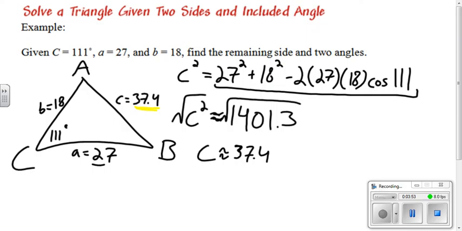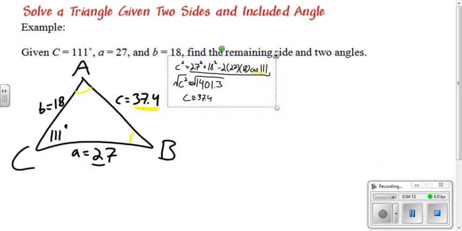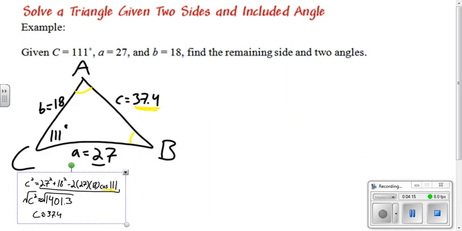Now from here, we could technically use the law of cosines to continue and have to use the arc cosine at this point to determine our b and our a. Or we could also get all this out of our way here. Get a little bit smaller, move our work there.